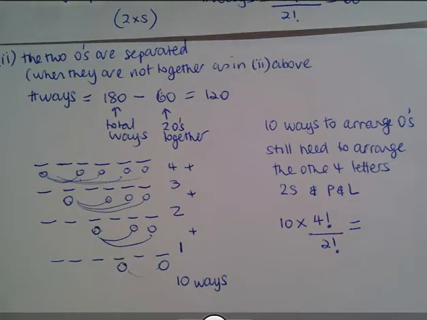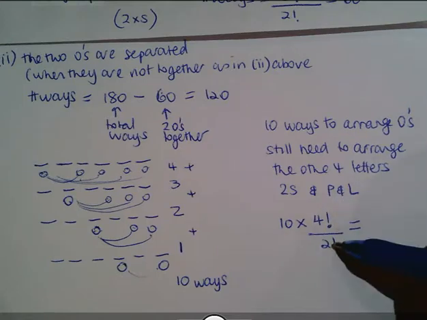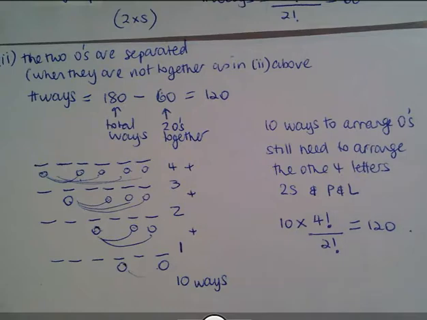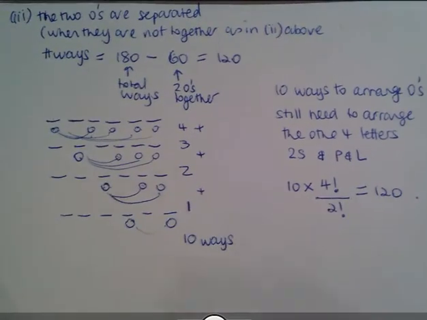Now that is the longer way to do this. Now 4 factorial is 24 divided by 2. That's 12 times 10, again 120. Now you can see that this first method was much easier.